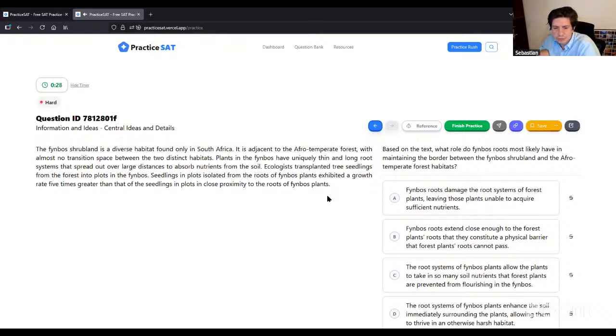Ecologists transplanted tree seedlings from the forest into plots in the Fynbos. Seedlings in plots isolated from the roots of Fynbos plants exhibited a growth rate 5 times greater than that of the seedlings in plots in close proximity to the roots of the Fynbos plants. Okay. Based on the text, what role do Fynbos roots most likely have in maintaining the border between the Fynbos shrubland and the Afro-temperate forest habitats?